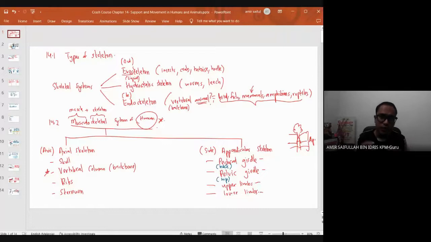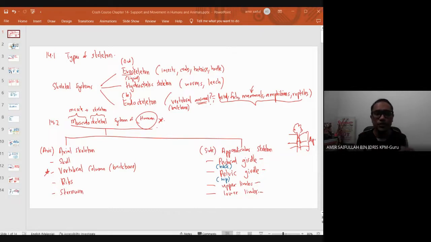So kalau kamu nak tahu, we actually human, we are born with 270 plus bones. When we are baby, we are born with a lot of bones, 270 something. But as we grow up, the number reduces to 206. From 270 become 206. Mana pergi yang lain?